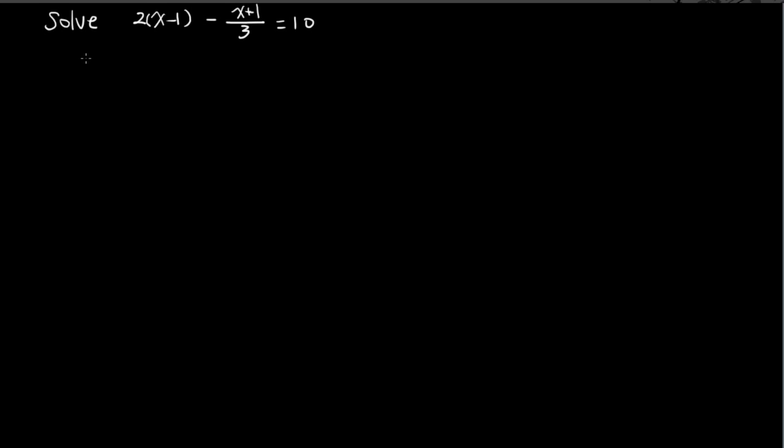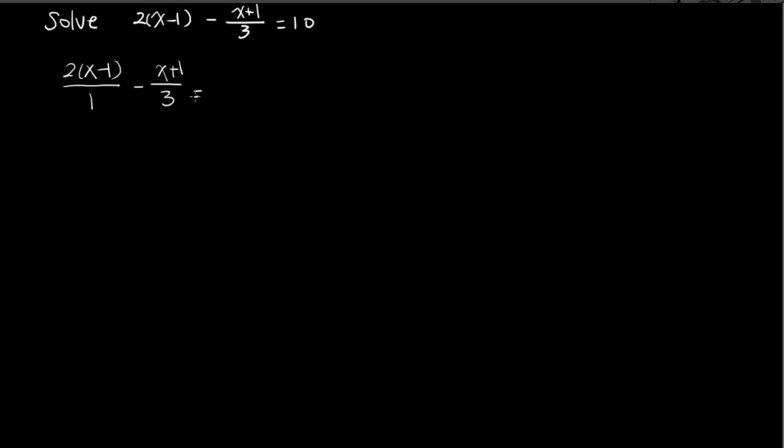First of all, I'm going to talk about what is a very traditional way of solving it. So first of all, we have to combine the two fractions on the left-hand side of the equation. So we need to change the first expression to a fraction, and the second fraction remains the same.